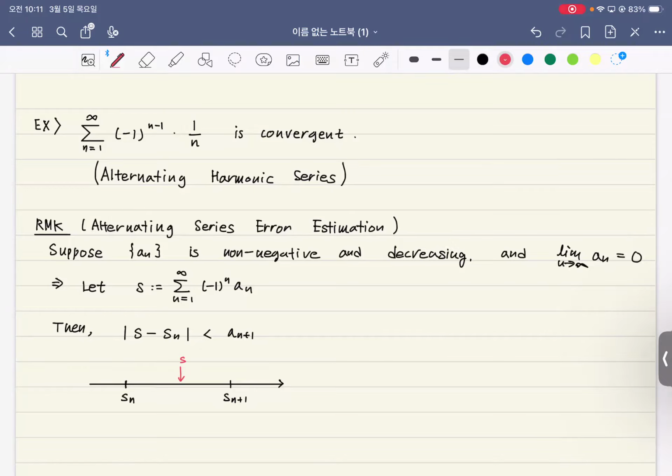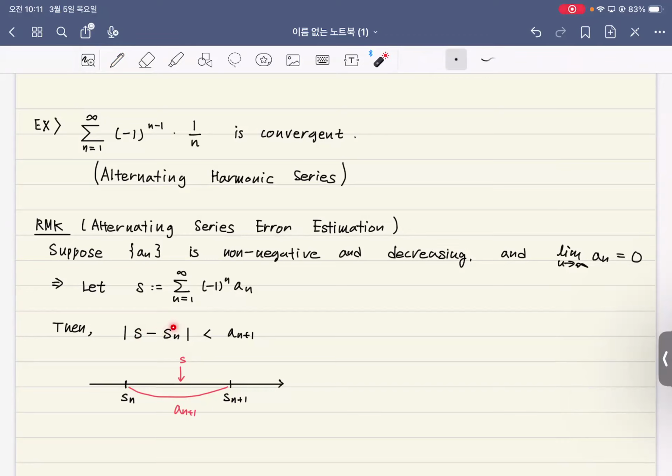And the length between these two points is precisely a_{n+1}, right? So what is the difference between S and Sn?